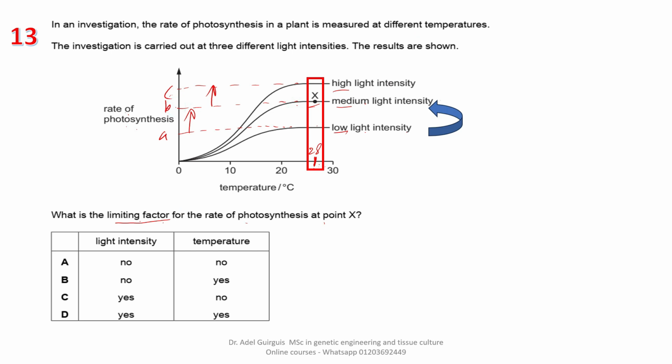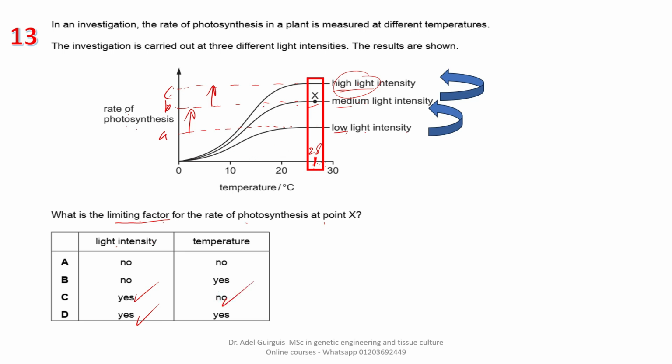The same from B to C: it increases when we increase light intensity. So light intensity acts as the limiting factor, while temperature is fixed, so it no longer acts as limiting. So the answer is C.